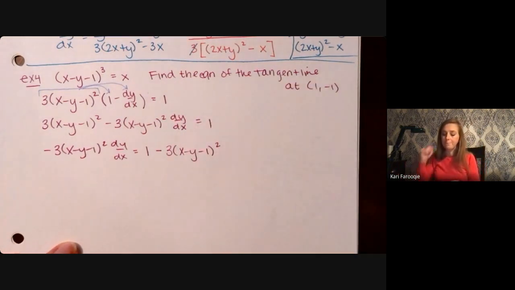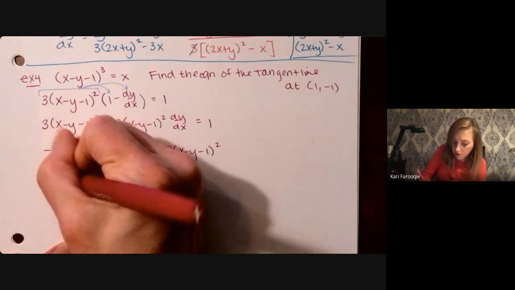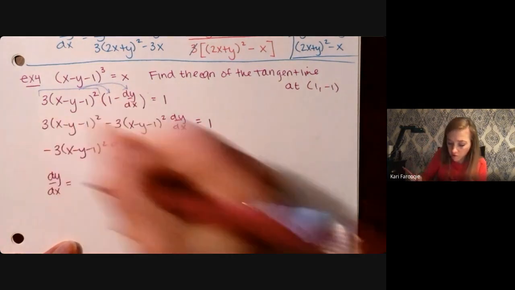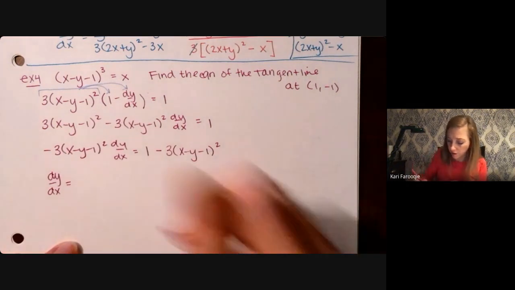Okay. Now, if you'd like, you can just go through and multiply the whole equation by -1 and flip all the signs, or you can just go ahead and divide out both sides by this negative value. It is up to you. Now, depending on which side you move your dy dx to, your answer might have all different signs on it. So I'm actually surprised that hasn't come up yet. So I'm going to make a point of that in a minute.